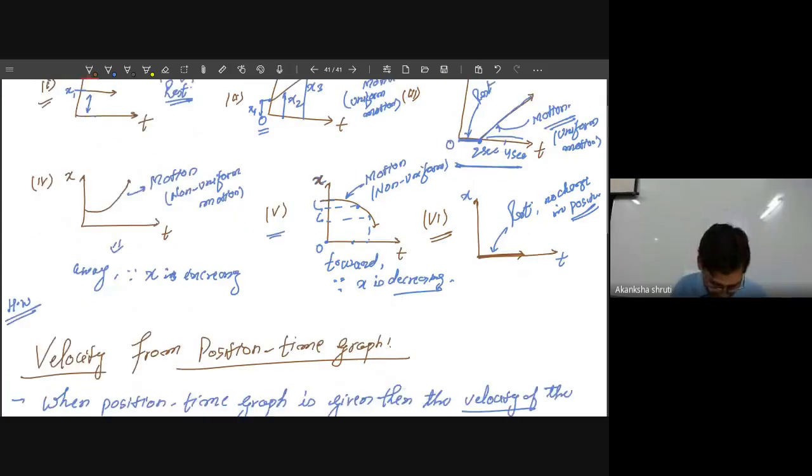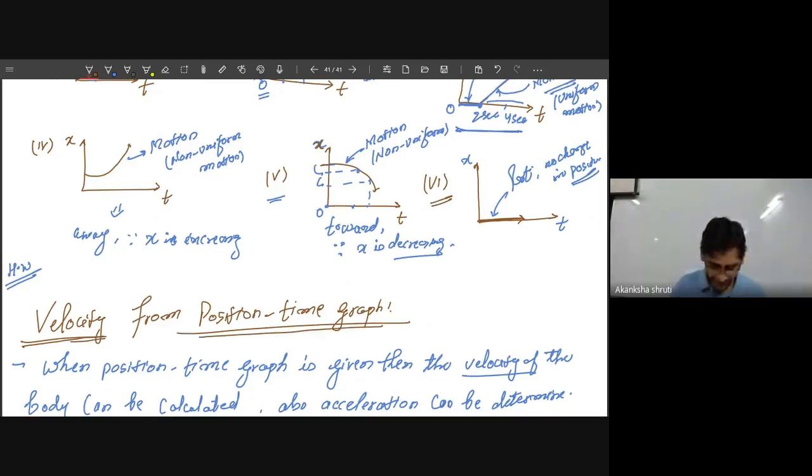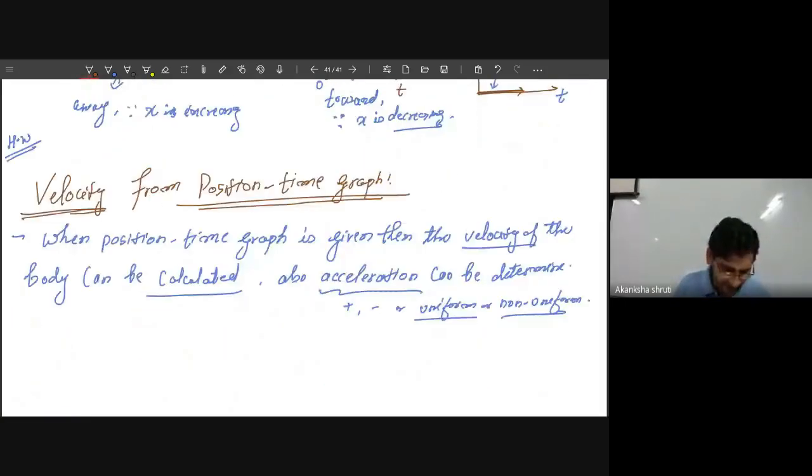So that's why we are going to learn how to find out, or calculate, the velocity and even the speed of a body from the position time graph. Getting it? So I have written whatever I stated above, that when the position time graph is given, then velocity can be calculated or determined.